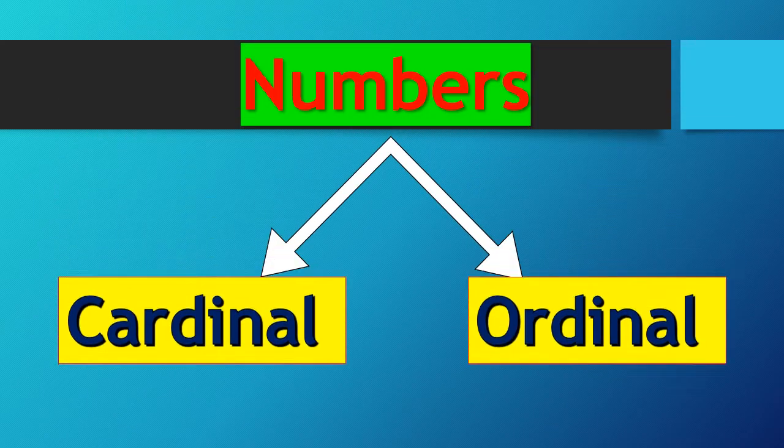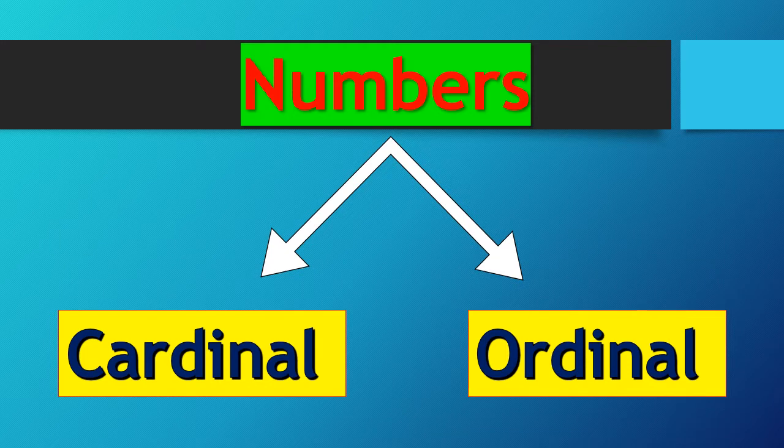So, we have two types of numbers, cardinal numbers and ordinal numbers. Today, we will focus on cardinal numbers. So, what does it mean, cardinal numbers or cardinals? Let's see.